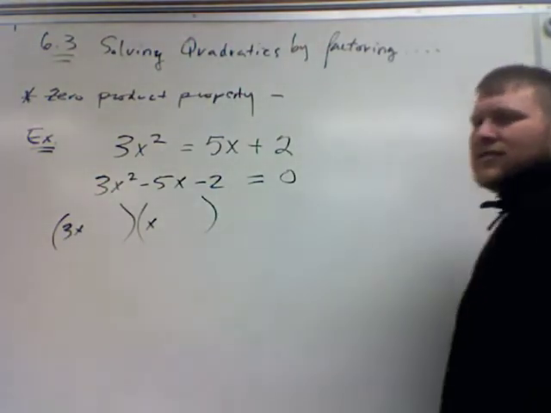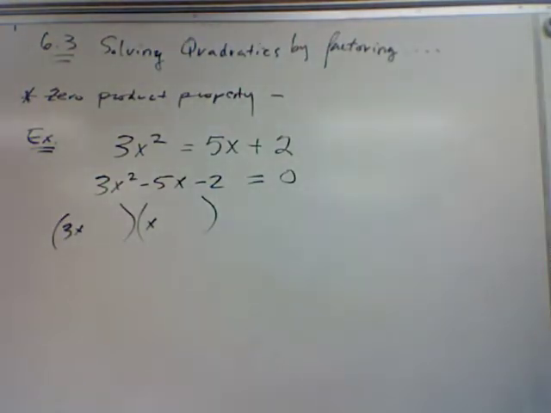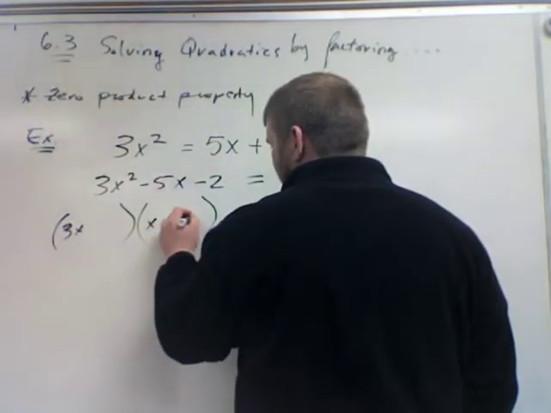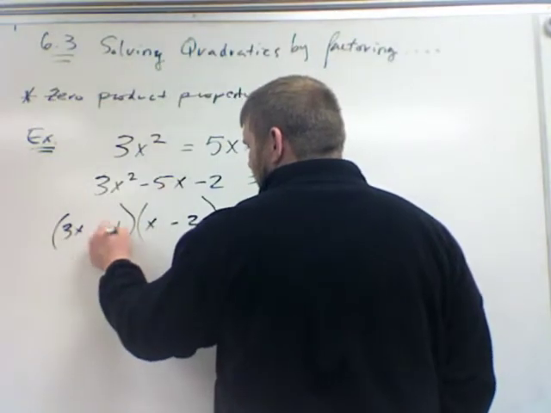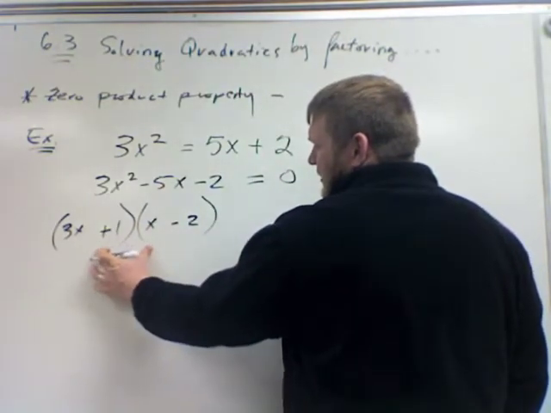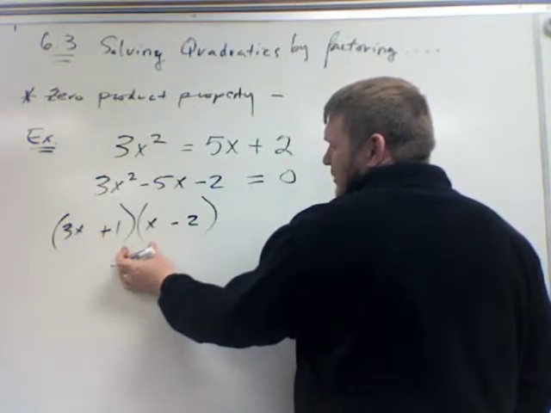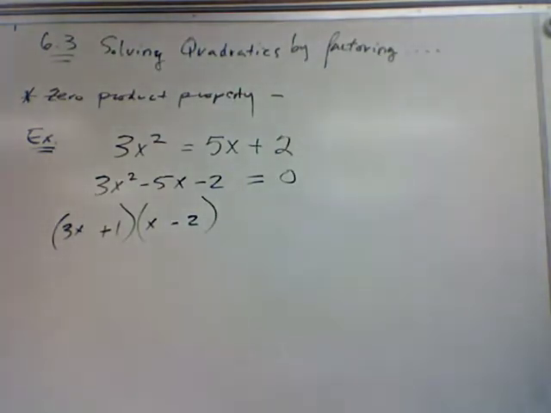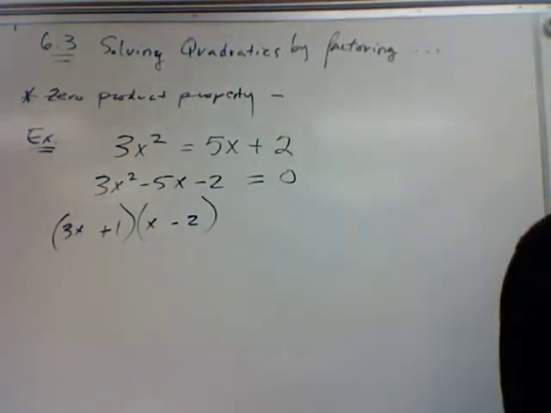One's got to be positive, one's got to be negative. I do need a middle term of negative 5, so looking at this, my outside terms are negative 6x and my inside terms are positive 1x, and combining them, I get negative 5x.